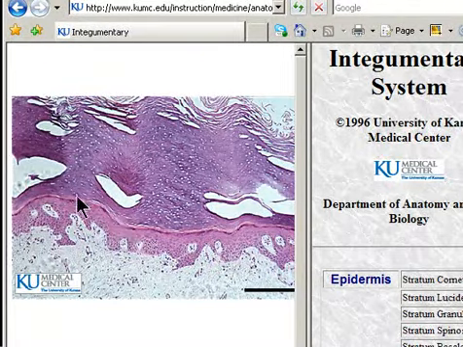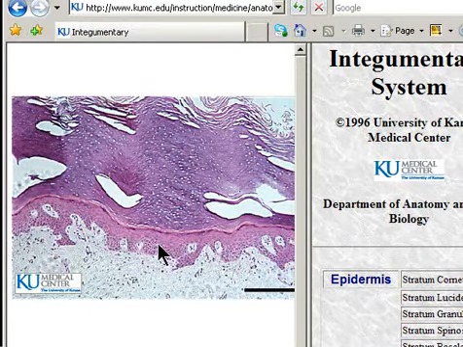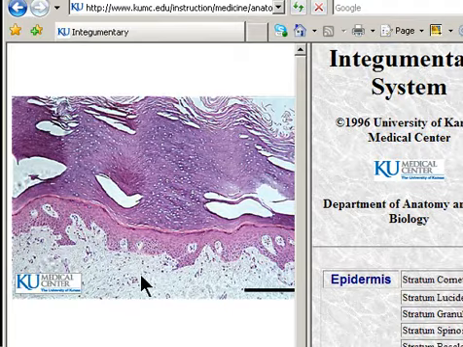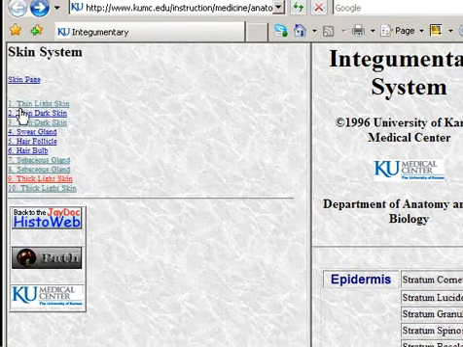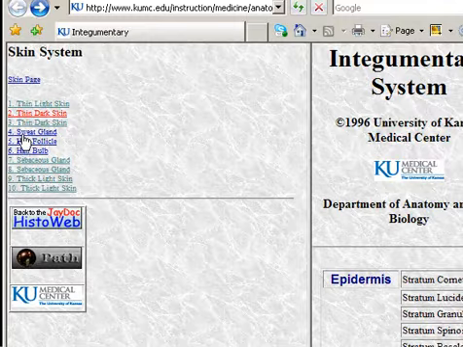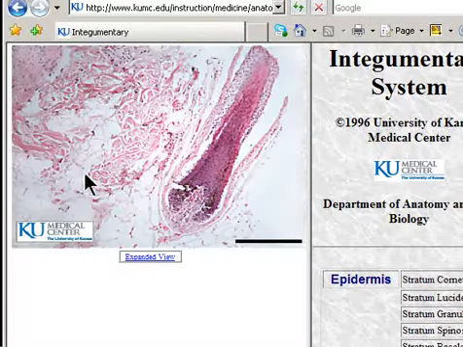And here again is another section of thick skin where you can see the keratin. And here this is the rest of the layers of the epidermis, and again in the dermis you do not see any sebaceous glands or hair follicles. Now if we were to go back and look at thin skin, and this is showing melanin, let's look at hair follicles.